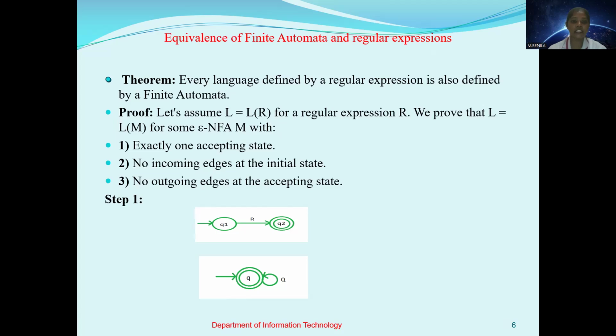Proof: let's assume L of R. For a regular expression R, we prove that L equals L of M for some epsilon non-deterministic finite automaton M with, first, exactly one accepting state. Second, no incoming edges at the initial state and no outgoing edges at the accepting state.